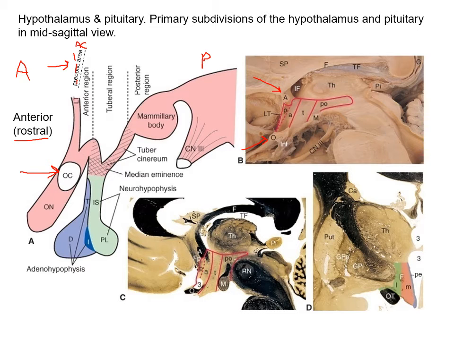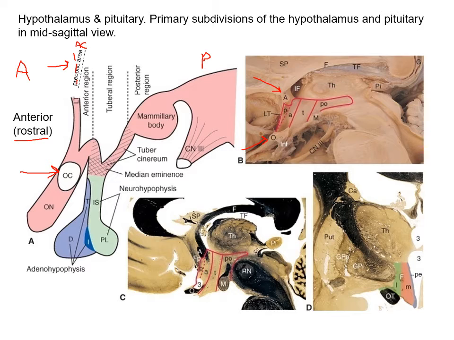It's wedge-shaped and extends down, not shown well on the left, down just above the optic chiasm. It contains medial and lateral nuclei, this preoptic area. So even though it's small, it's quite important. And I'll go over the functions of those distinct nuclei, the medial preoptic nucleus and lateral preoptic nucleus, in the next slide.